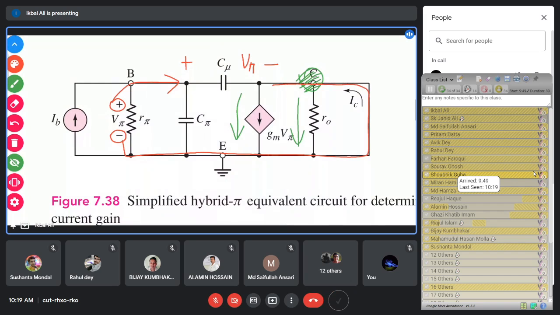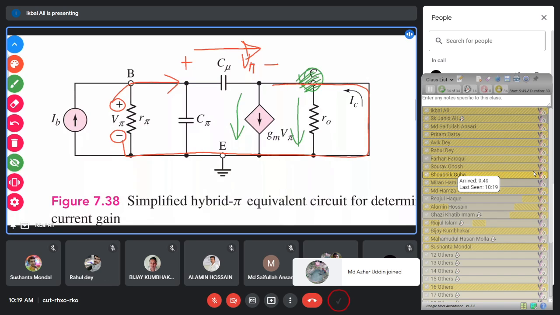So the voltage across the capacitor is V pi. So what will be the current flowing? The current will flow in this direction, because the plus terminal is on the left hand side and the minus terminal on the right hand side. That current, as we have calculated earlier, will be of the same magnitude, V pi by 1 by j omega C mu. So this is the current.